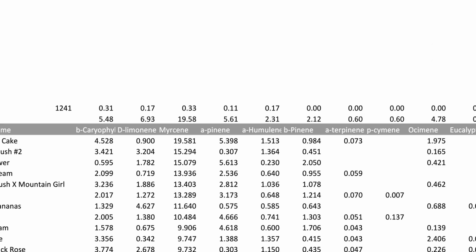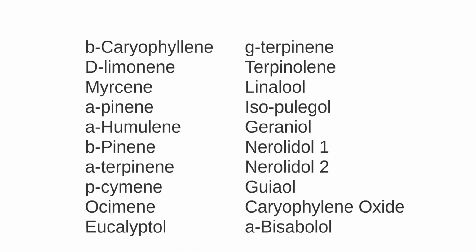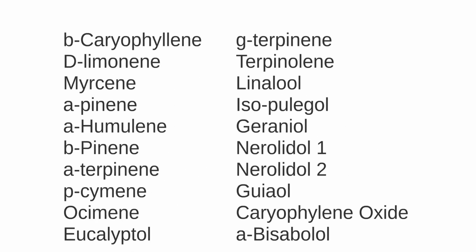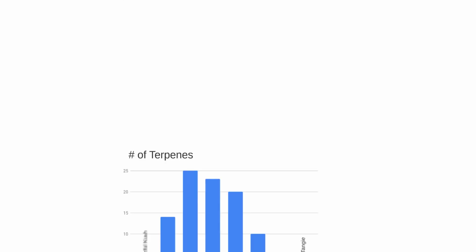We also do an analysis of about the top 20 terpenes in this list. When we look at this list of terpenes, you'll see a lot that you probably already recognize. I want you to take a minute and look at this list and think to yourself, are there terpenes here that I think I know what the response is going to be when I consume them?